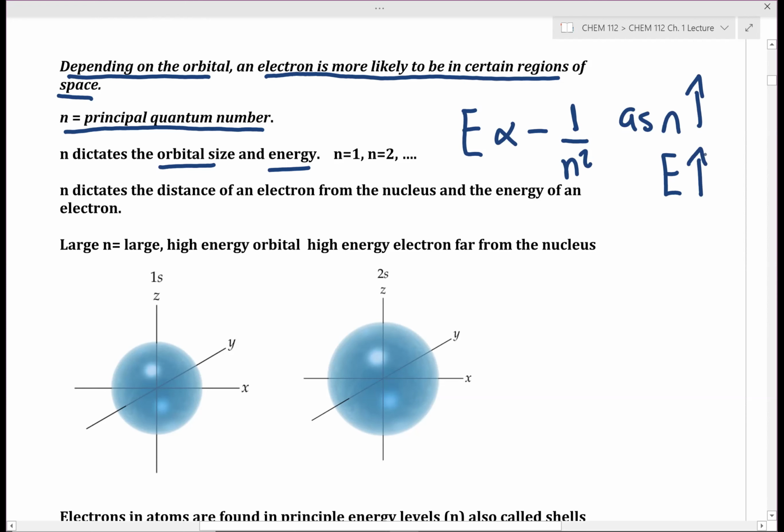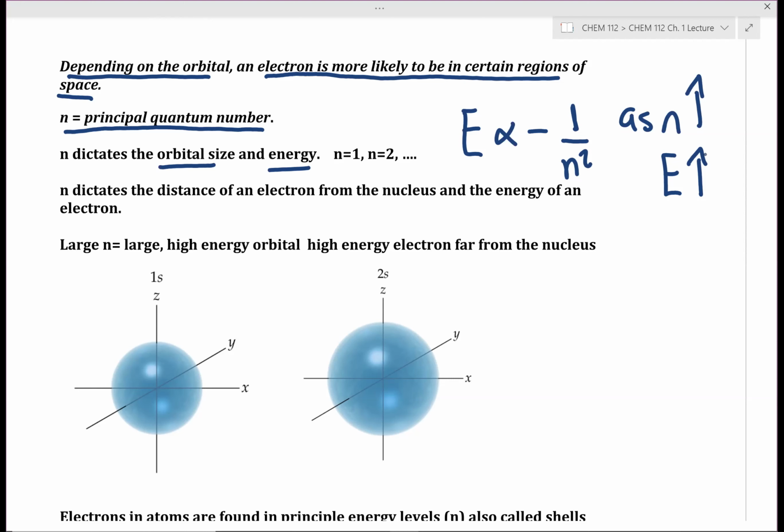Now, would one of you like to volunteer and try and help us explain why we have this negative sign? What is that negative sign trying to tell us about the relationship between an electron and the nucleus? What does a negative energy tell us?